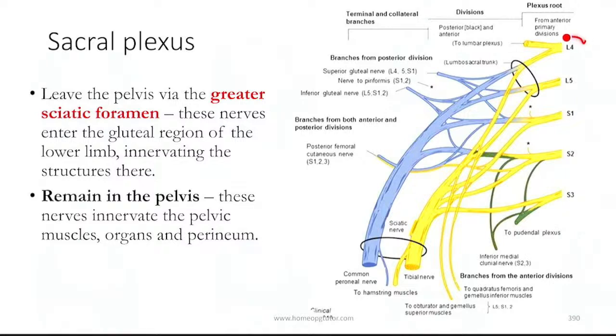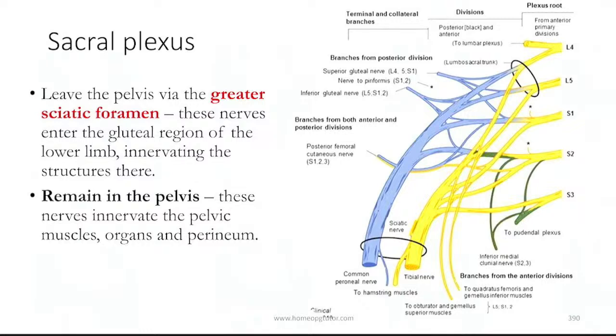Okay, all the anterior roots together form the tibial nerve, and all the posterior roots together form the peroneal nerve. Okay, L4 to S3 together, the anterior roots join together to form the tibial nerve, and the L4, L5, S1 and S2 together form the peroneal nerve.